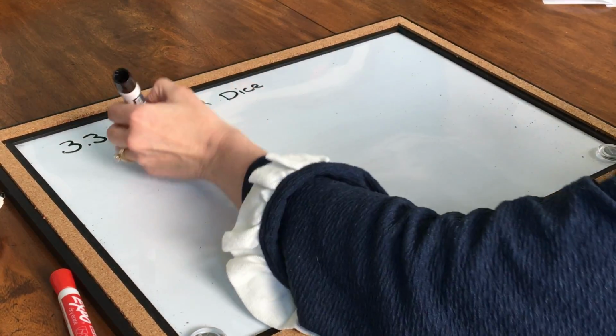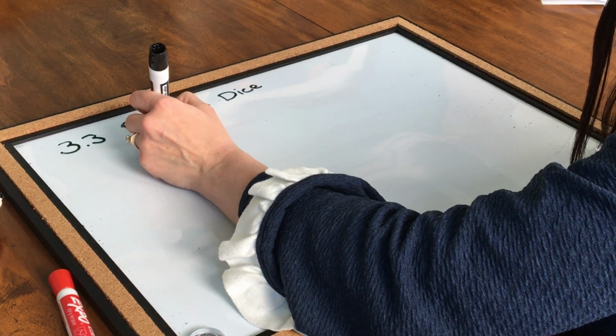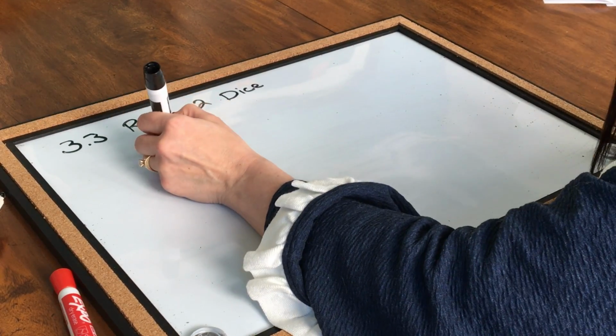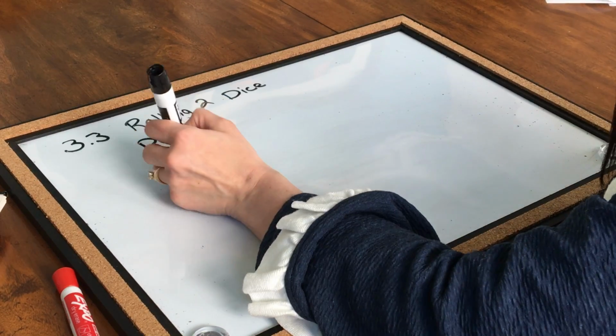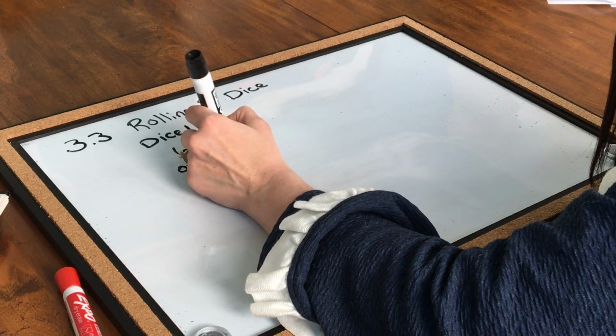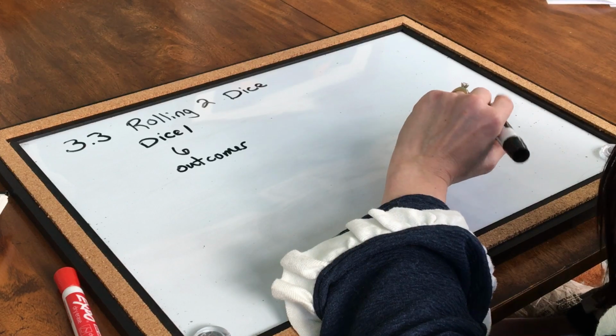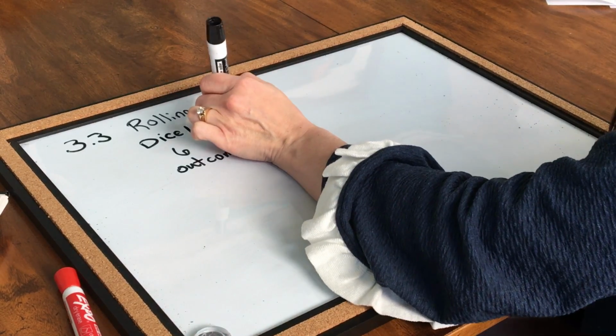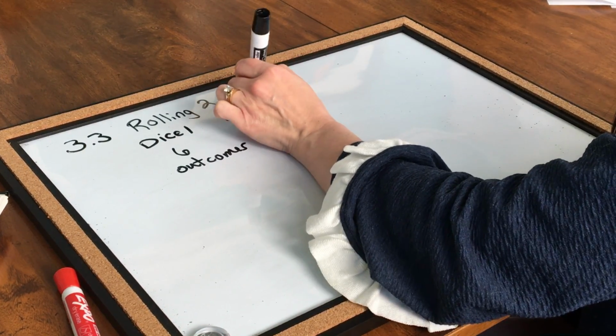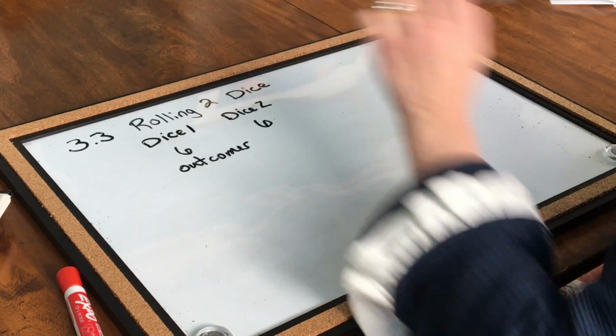So our dice 1 has 6 outcomes, right? Because we can roll a 1, 2, 3, 4, 5, or 6. And our second die also has 6 outcomes.